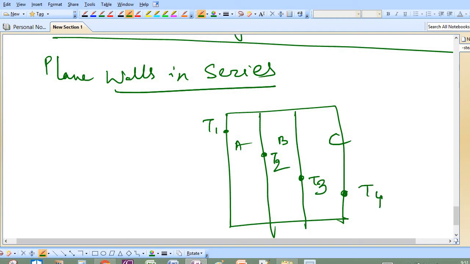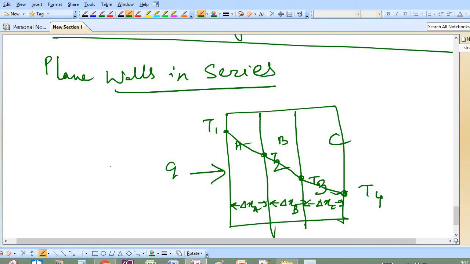Okay, now we see heat flux is there. Heat is flowing from A to C. We are having resistances as delta X A, delta X B, delta X C. So three resistances here.